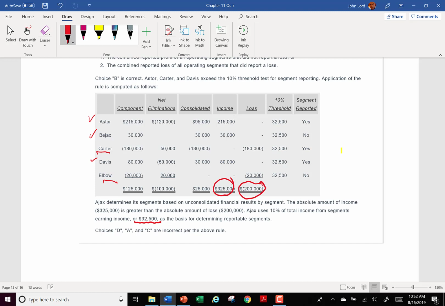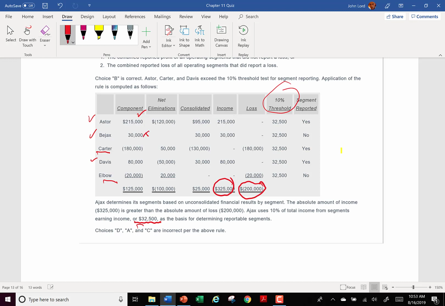So now we go through, and again, we do not worry about the eliminations here, and we start to identify our reportable segments. Okay, so now using 32,500 as our threshold, we start looking. Yes, obviously Astor is big enough, but not BJAX. Not BJAX.